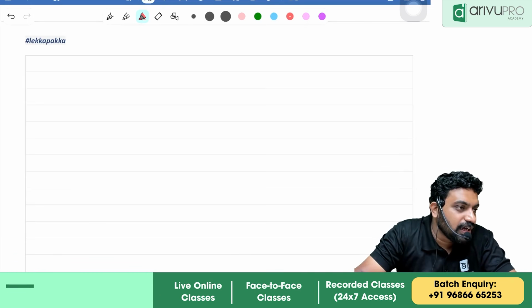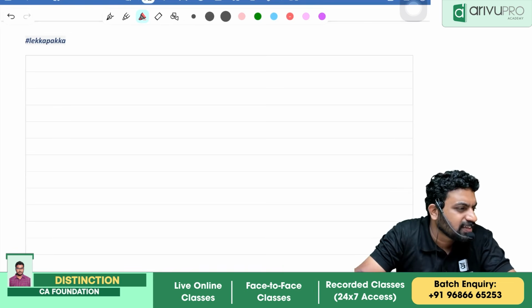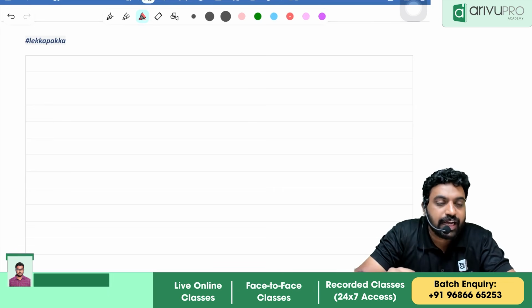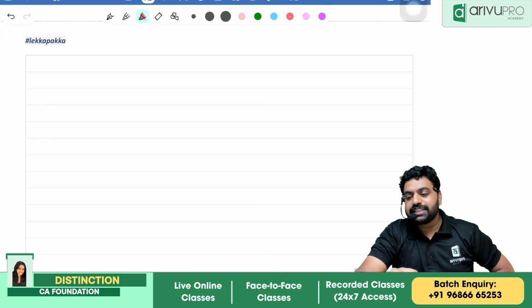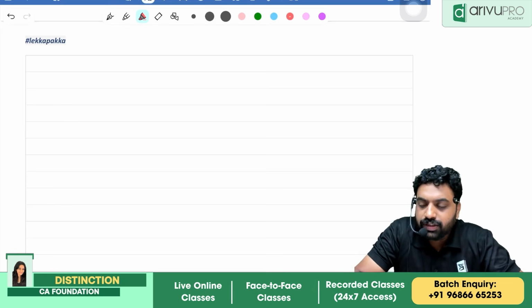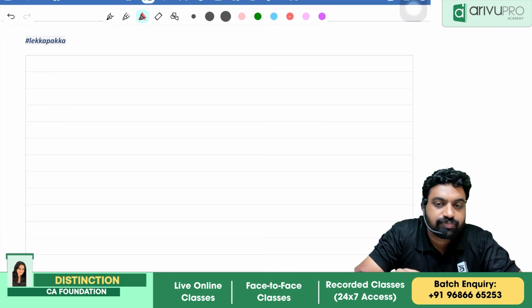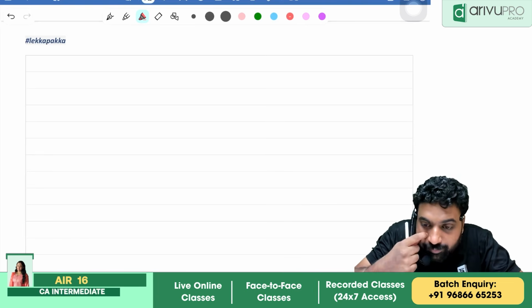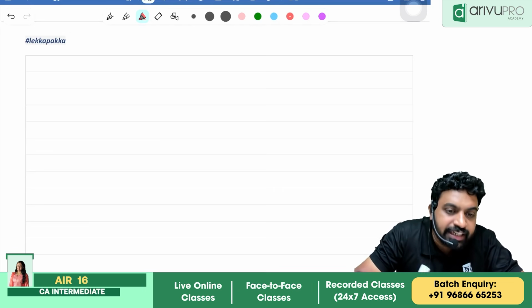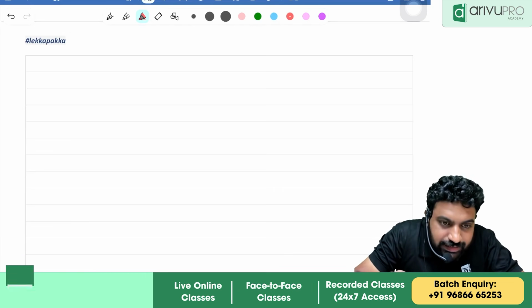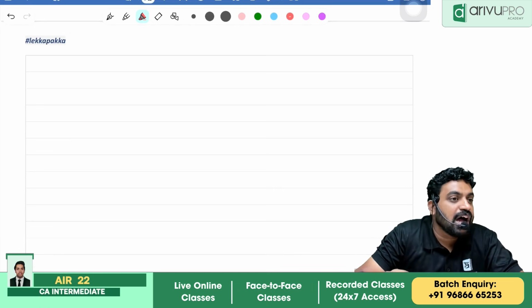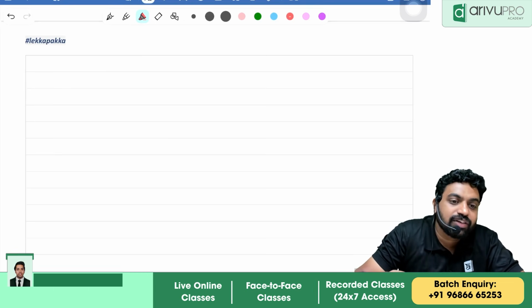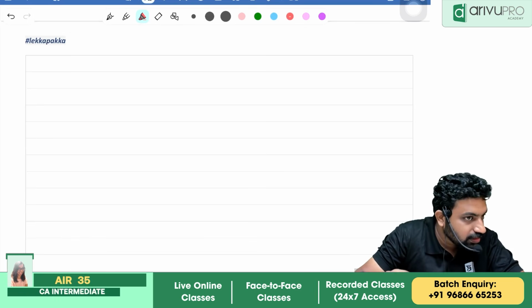Go to the labor cost variances and read the third or fourth line of what they have given. If the question says work of X number of hours is done, then X is not your actual, it's your standard.